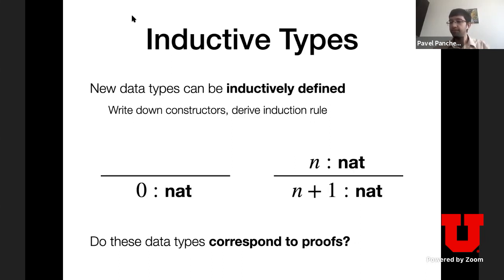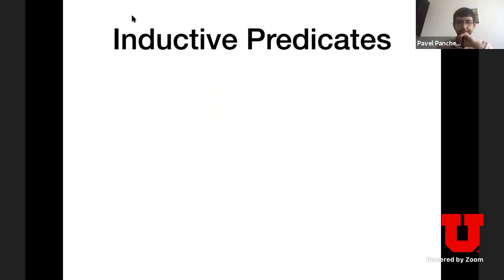Things like functions corresponding to implications and pairs corresponding to conjunctions. So I want to take this definition that we've written down here of the natural numbers and try to turn it into something less data-typey and more proposition-y.